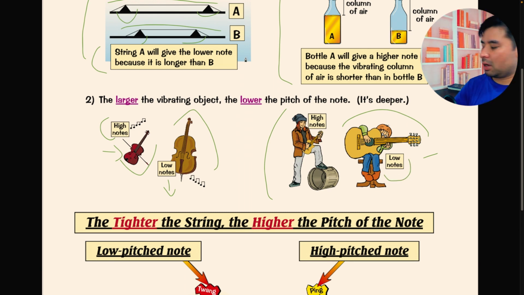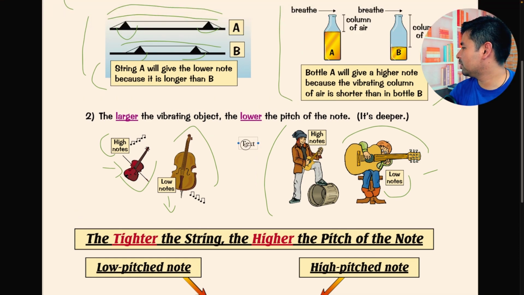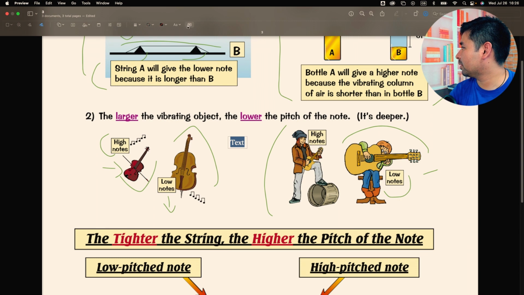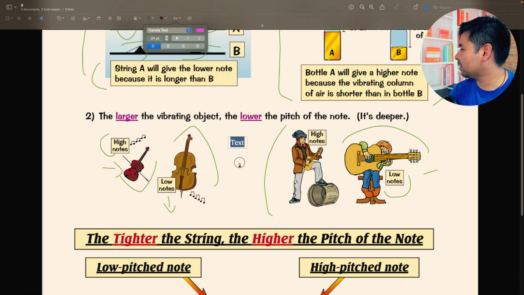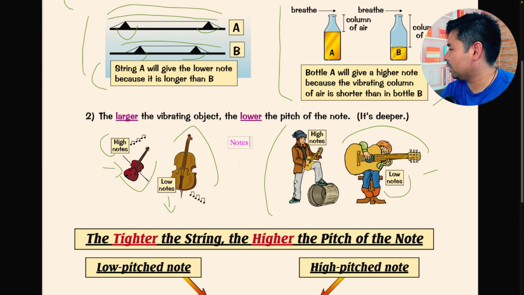So what are some important words that I want you guys to study here, in this part? Okay, so take a look here. This is very important. So please, what is the meaning of notes here? Okay, this is number 1. What is the meaning of string here? And what is the meaning of pitch here?